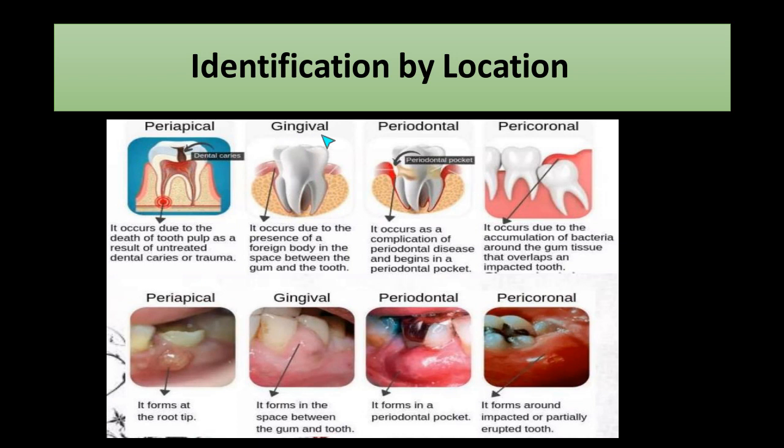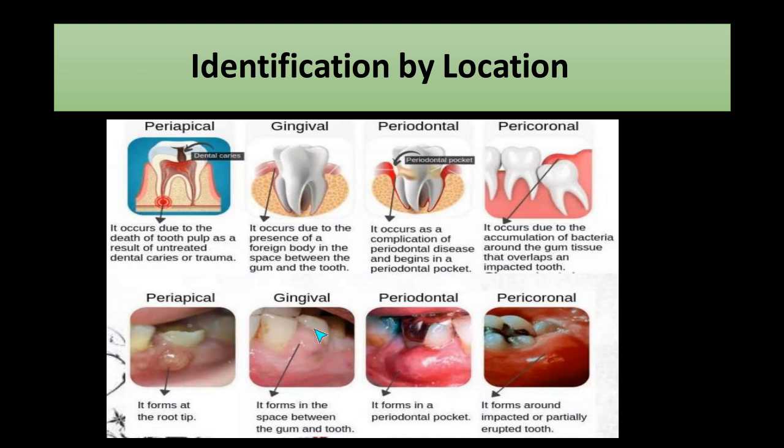Now, a key to remember the clinical features of gingival abscess and periodontal abscess is that it is similar to gingivitis and periodontitis. Gingival abscess means that the abscess is confined to the gingiva.